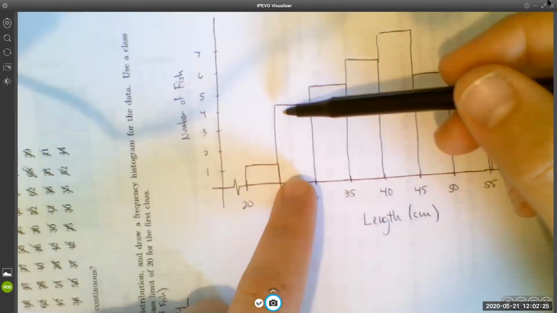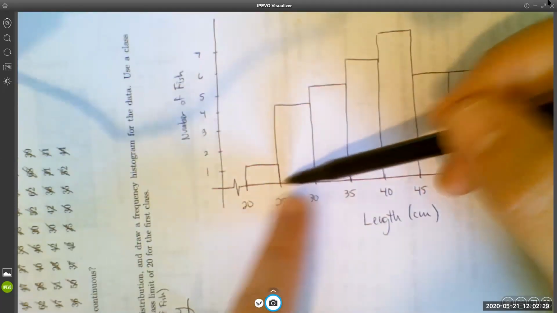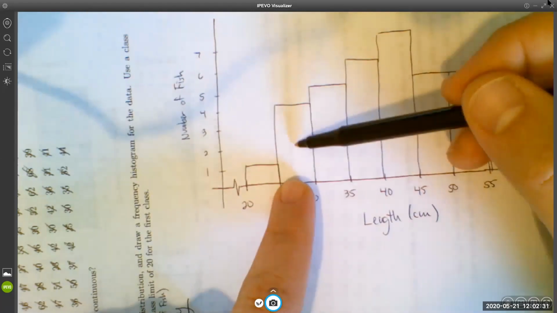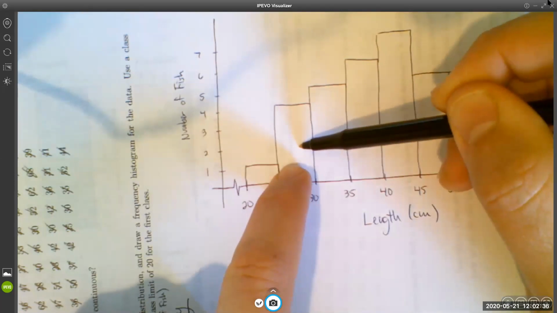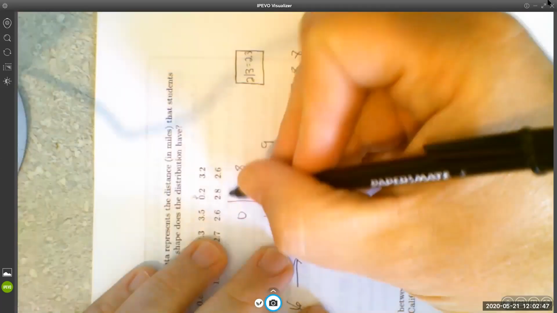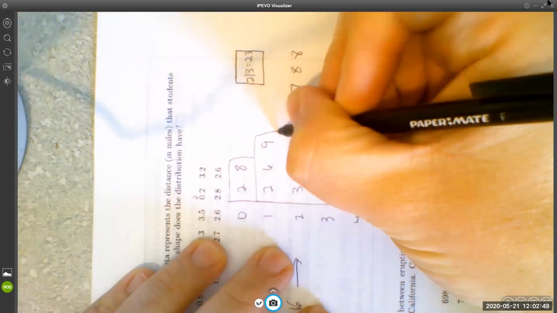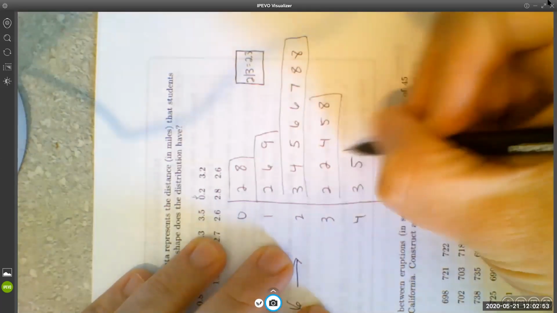You know that there were 4 fish somewhere between 25 and 30 centimeters, but you don't know what the exact measurements were. You lose that information. Whereas in a stem and leaf plot, you retain all of the information, and by the way, you turn it on its side and you get a histogram for free. They're really pretty nice graphs, so then you can talk about the shape of the distribution and stuff.